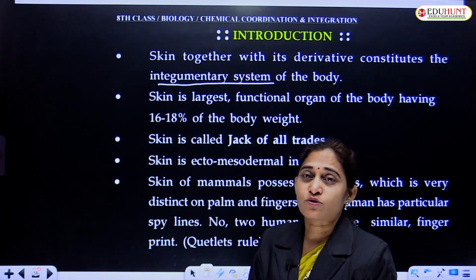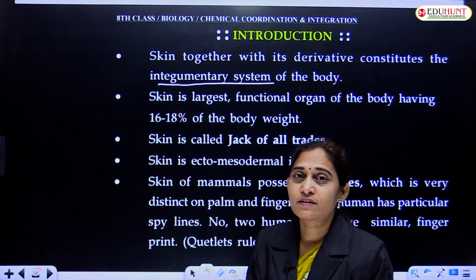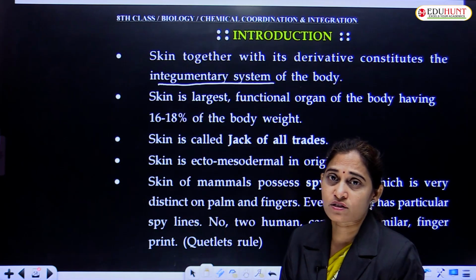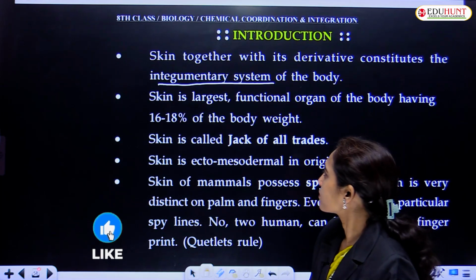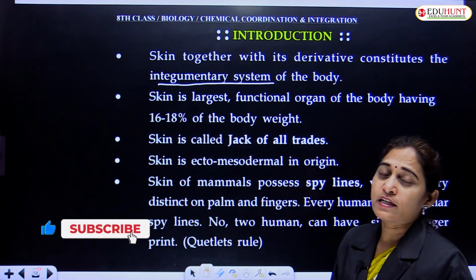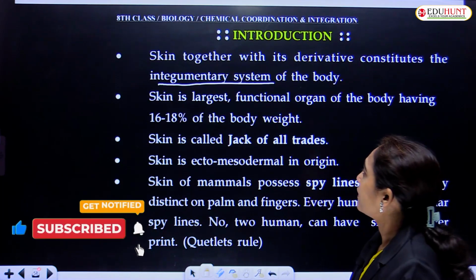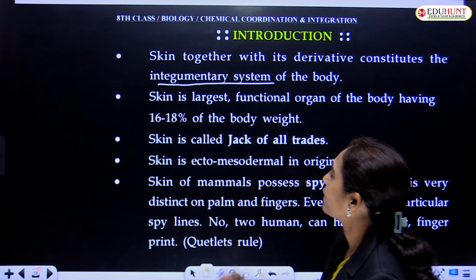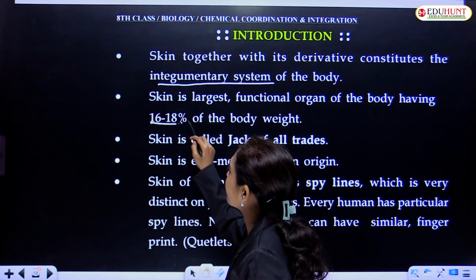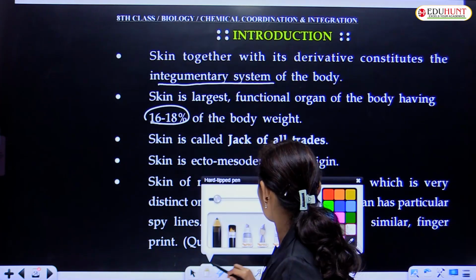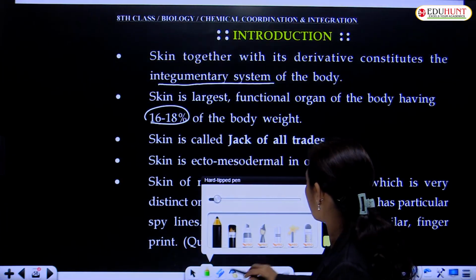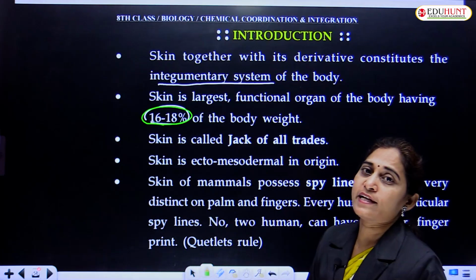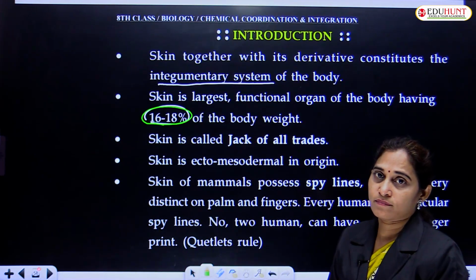The exocrine glands release their secretions into the organs. The skin is the largest gland, and it is a functional organ of the body. It occupies 16 to 18% of the body weight.